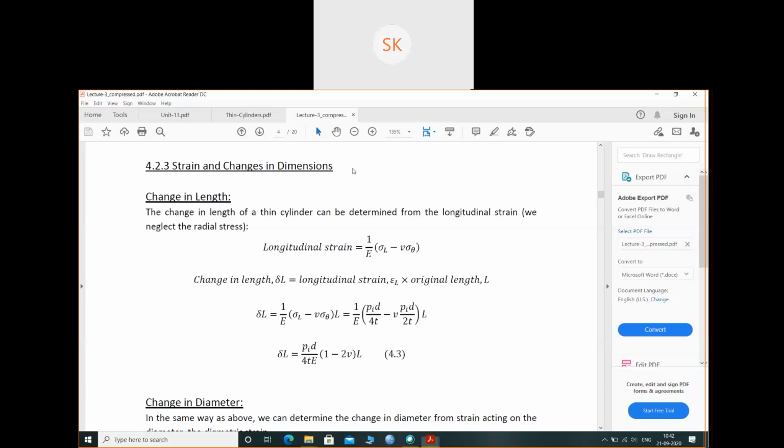This formula is important, you can mark it. You get numericals on it also. This is our formula to find the change in length.